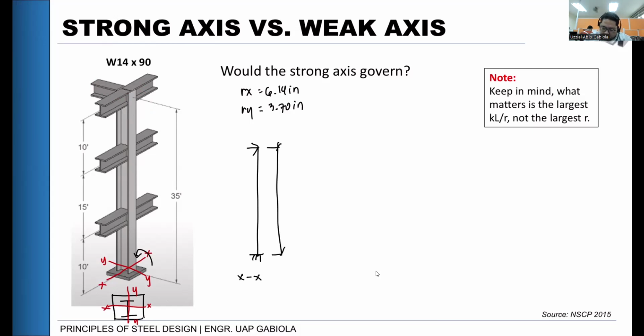Ito yung 35 feet. Okay? And then doon sa kabila, yung sa Y axis naman natin, ito yung ating moment. So pag tumingin tayo doon, we have this, and then meron tayo dito, tsaka another one dito. Okay? So may tatlo tayong tukod naman.